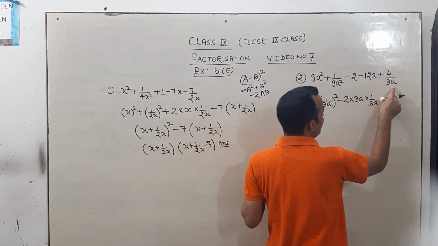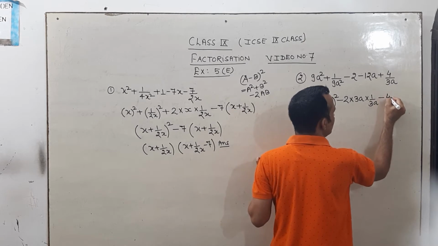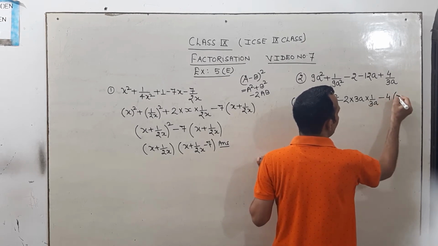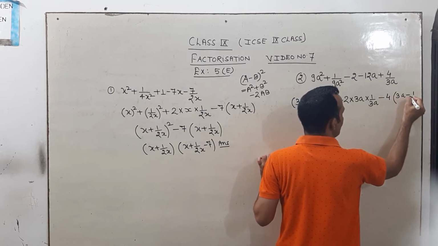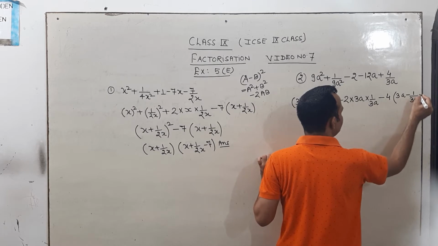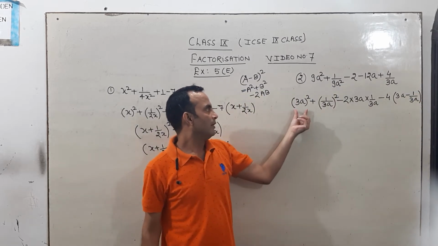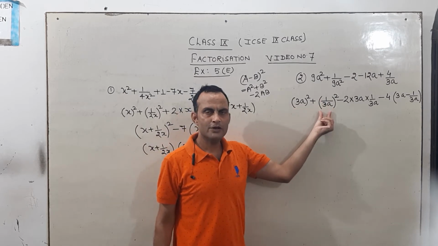Now see this step. From this expression you can take common minus 4. If we take common minus 4, we obtain 4 3s are 12 and minus 1 upon 3a. Now see this expression. 3a acts as a, 1 upon 3a acts as b.